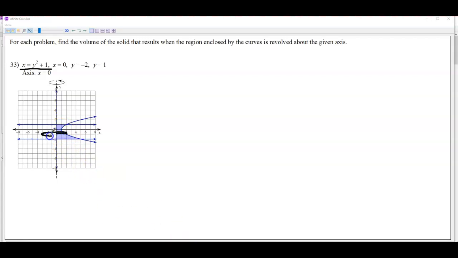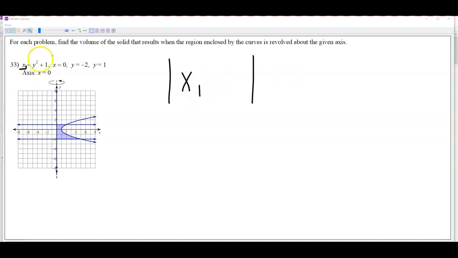And we're going to be rotating it around that axis. I'm going to trace out a circle as we do that in a horizontal fashion, because we're rotating around a vertical axis. So the radius is the distance from the curve to the axis, and the curve is farther to the right, so I'll call that curve x1.